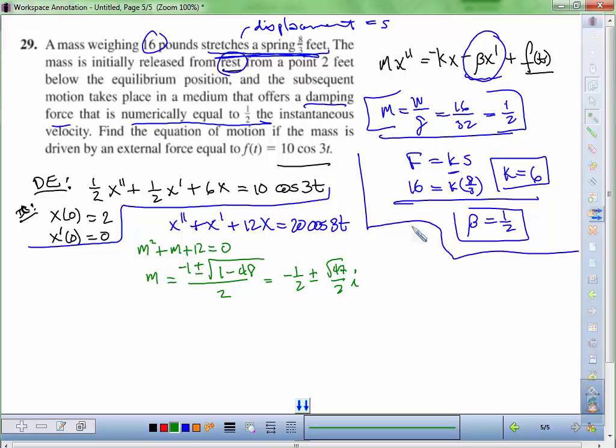So this is our solution, which means we're going to have sines and cosines, and our x1 and x2 are complementary solutions. Fundamental solutions, we'll call them. x1 is going to be e to the negative 1/2 t times cosine of square root of 47 halves t.